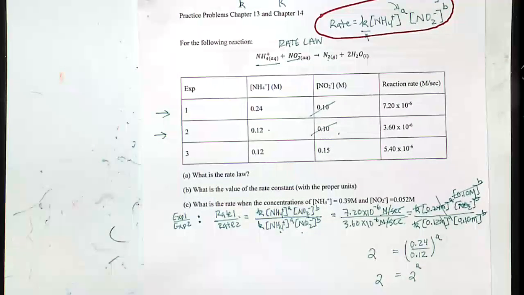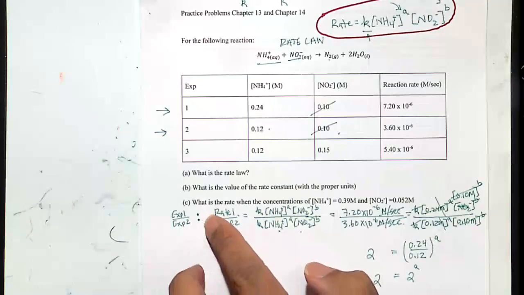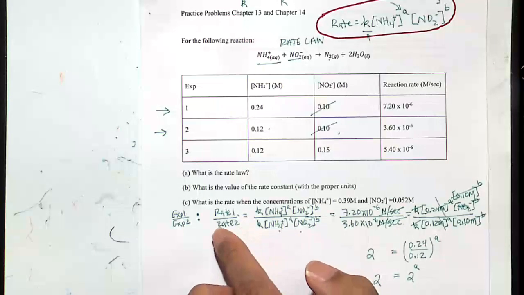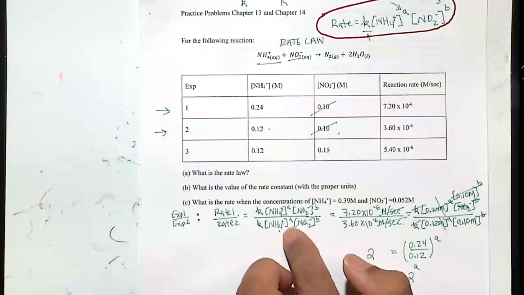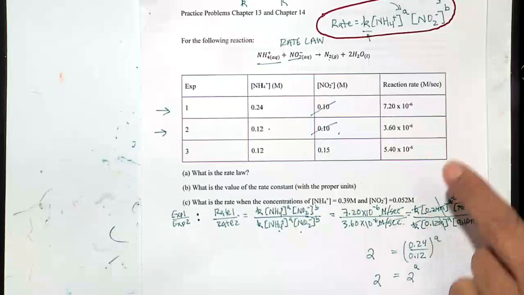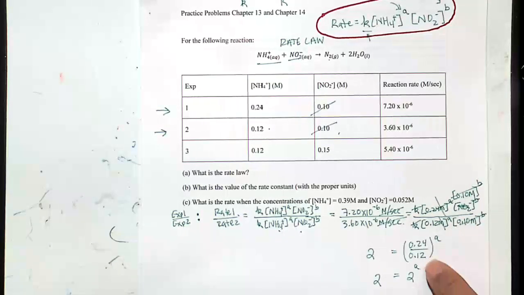Alright, so we compared experiment 1 to experiment 2. Rate 1 equals K and all the reactants over rate 2, K and all the reactants, plugging everything in, substituting our values in from this table, and then moving the exponent out. 0.24 divided by 0.12 is 2.